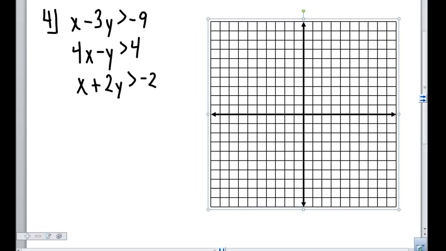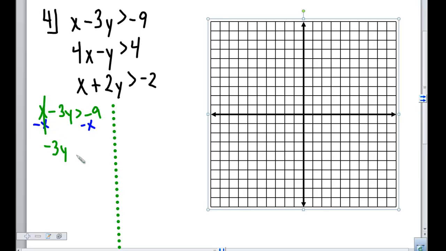Example 4. x minus 3y is greater than -9. Subtract x from both sides. -3y is greater than -x minus 9. Divide by -3, and y is less than, because we remember we need to flip the inequality because we're dividing by negatives, 1 over 3 x plus 3.